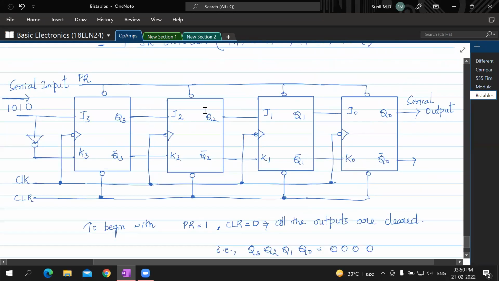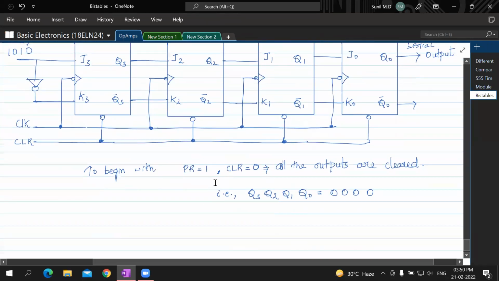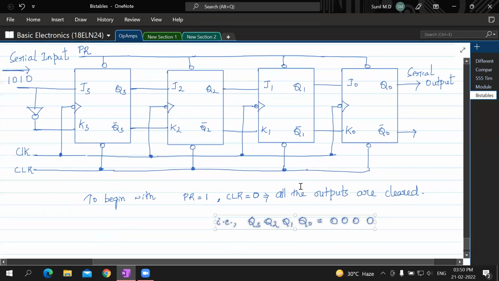So before we begin, if there is any data, we want all that data to be cleared, and for that I make clear equal to 0 and preset equal to 1, so that I have this output in all the flip-flops. All the flip-flop outputs are 0. When I say flip-flop output, I mean Q3, Q2, Q1, Q0. I'll not be bothered about Q3 bar, Q2 bar, Q1 bar, and Q0 bar. We know that is not of Q3, not of Q2 and all that. So till here it is fine. So I have cleared to begin with.